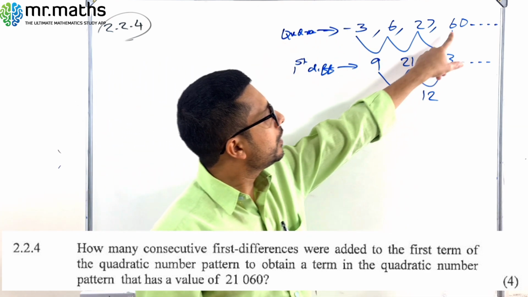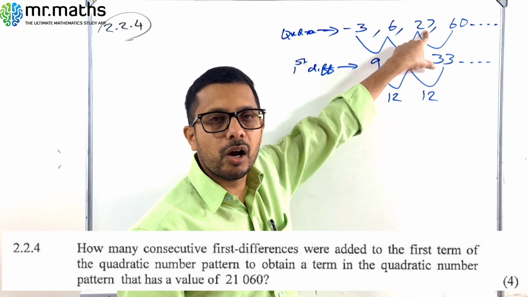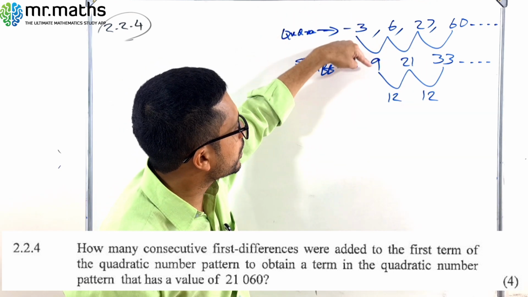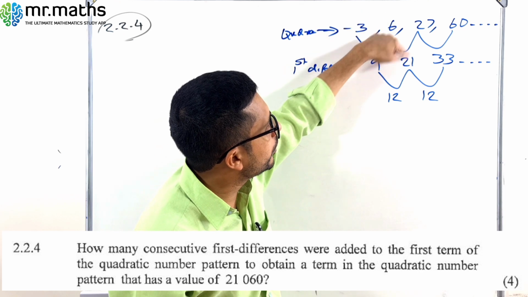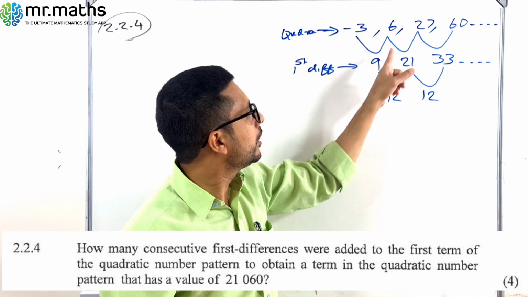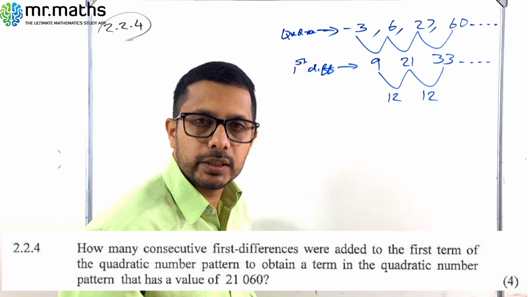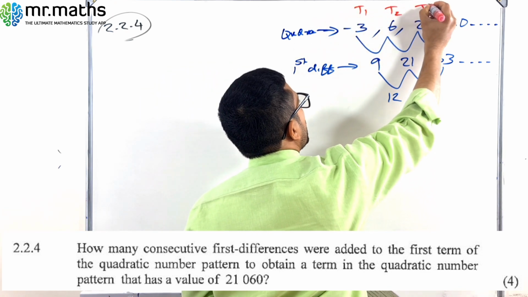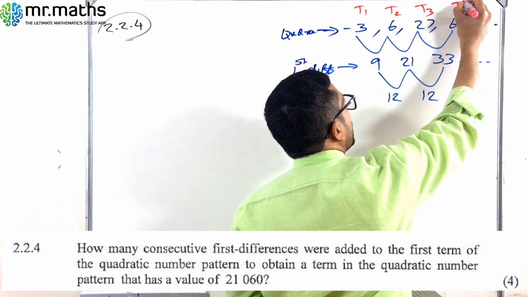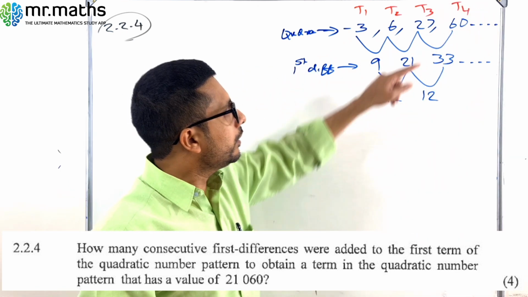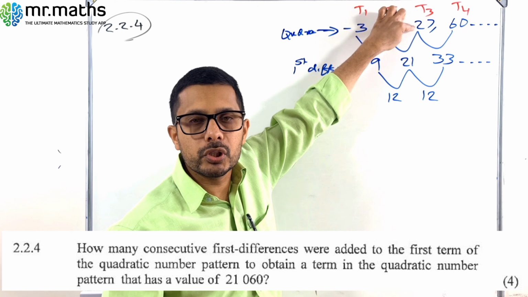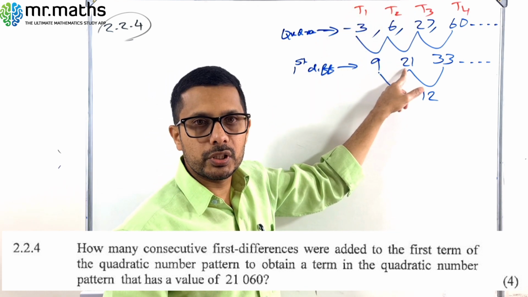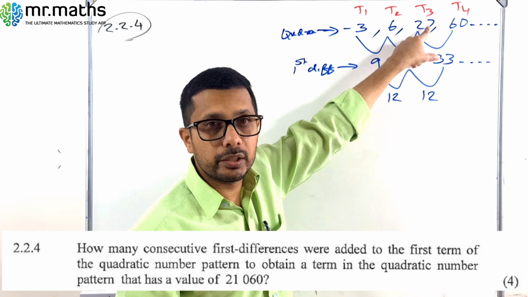Now to get this 27, how many first differences were added? Look at this one, minus 3 plus 9 is 6, 6 plus 21 is 27. That means to get the third term, 27 is the third term, am I right? This is the first term, this is the second term, and this one is the third term, this is the fourth term. So to get the third term, how many consecutive first differences are added? 2 consecutive first differences are added.